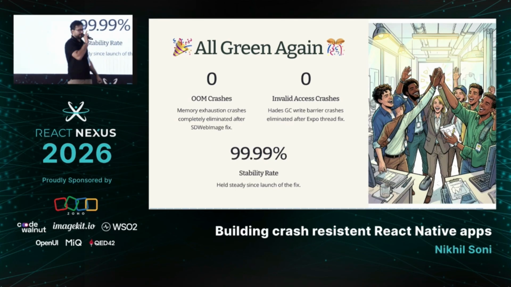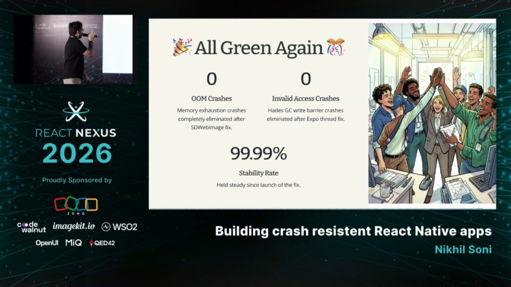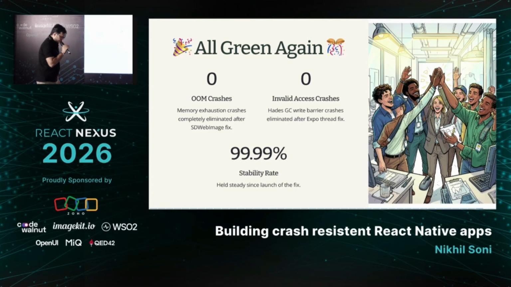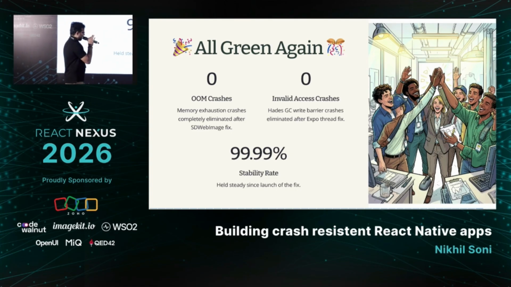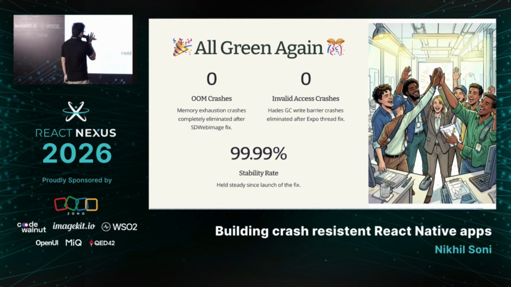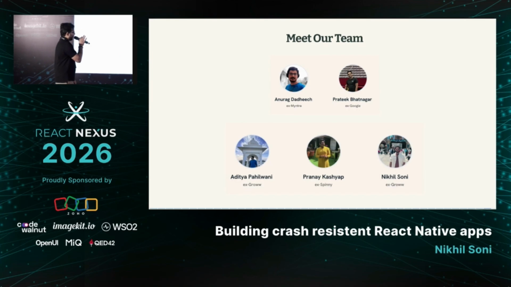There are 0 out-of-memory crashes and 0 invalid access crashes. Today we are at 99.99, and we have been holding that since the day we launched these fixes, for many months. Yeah, so that's it from my side.